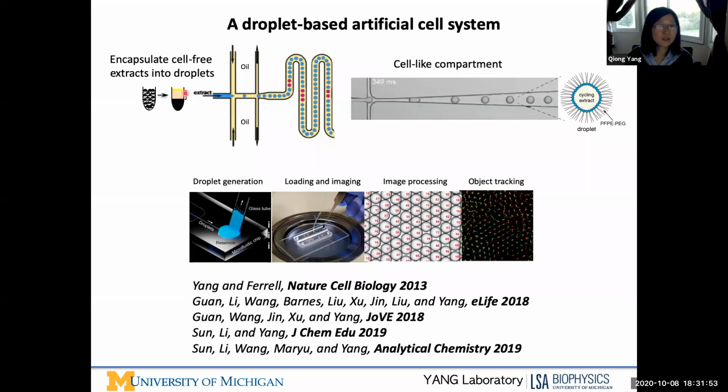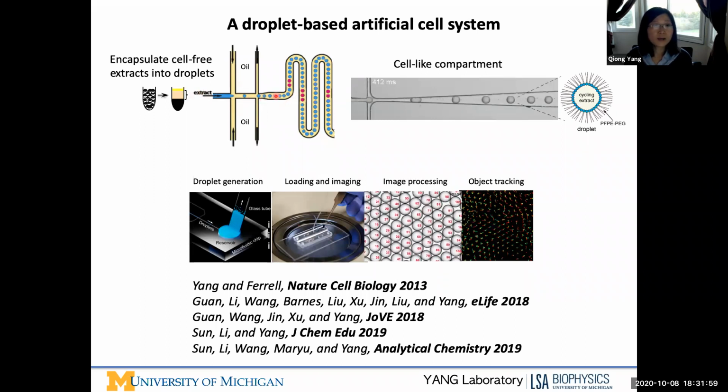Now we can inject this, which we call extract, into the microfluidic chamber filled with oil. That allows us to generate a water-in-oil emulsion, as you see here. Inside is extract that allows us to reconstitute the cell cycles, and outside is oil.